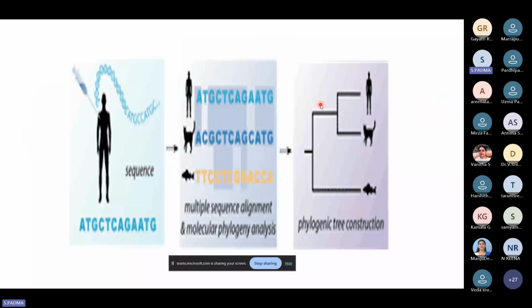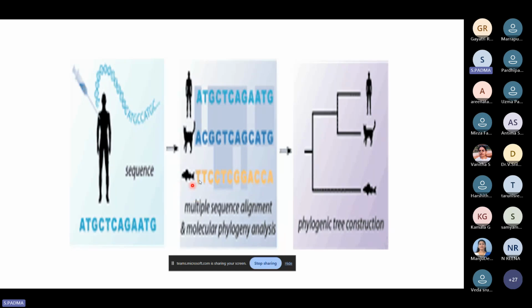So now here, what we can understand is what this phylogenetic tree construction is, and how it is going to give us information about the evolutionary relationship. In this, you can see that this is a sequence which is from the human. Now this human sequence is being compared to an animal and also compared to a fish genome sequence.